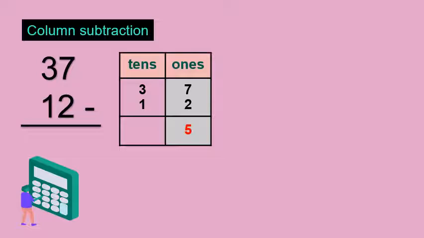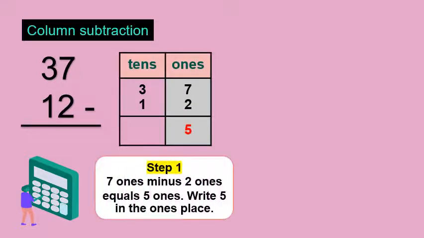Let's put the tens and ones place. First, for the minuend, 37: 3 tens and 7 ones. For the subtrahend, 1 ten and 2 ones. Now 7 ones minus 2 ones is equal to 5 ones. So write 5 in the ones place.